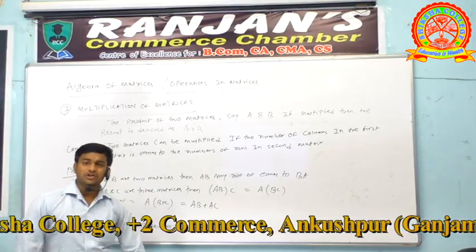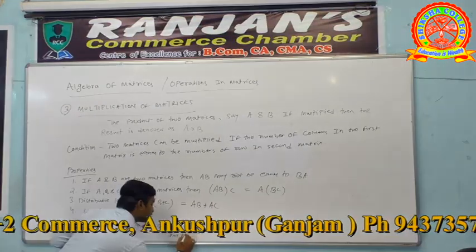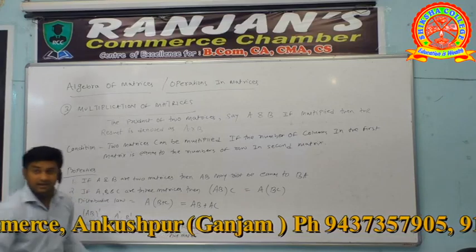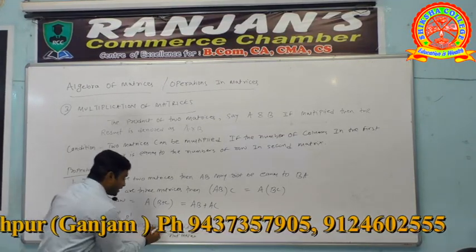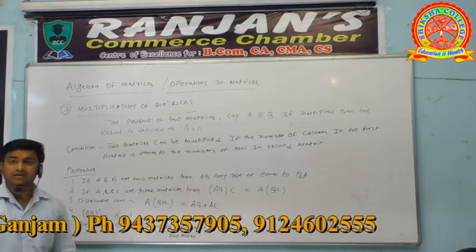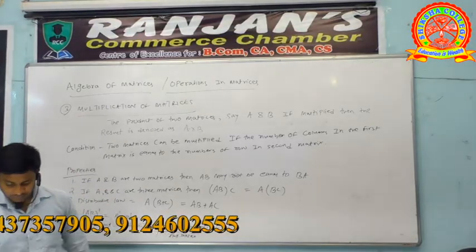Clear? That is called a non-zero matrix. The opposite of a null matrix is a matrix in which we have some values.